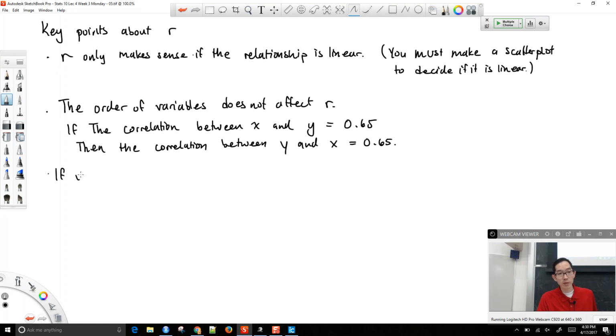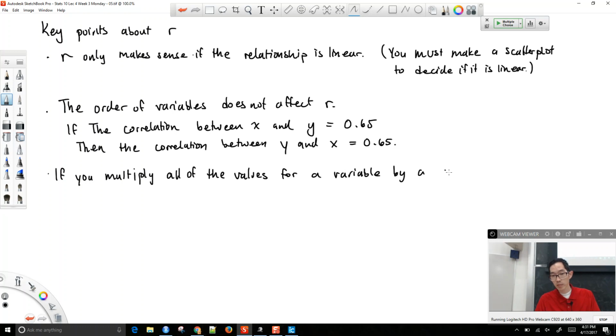If you multiply all of the values for one of the variables by a constant, or add a constant to all values, the correlation does not change.